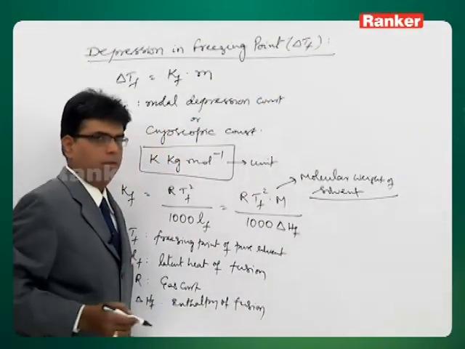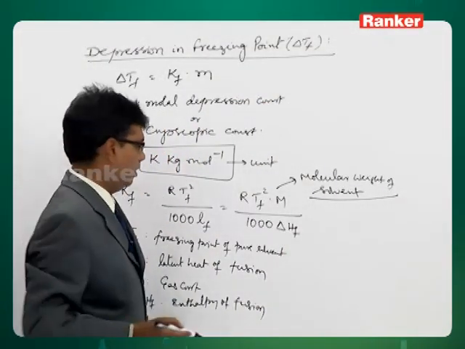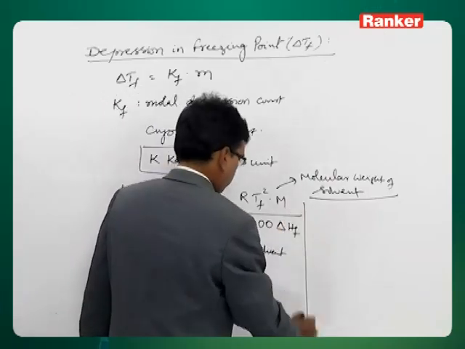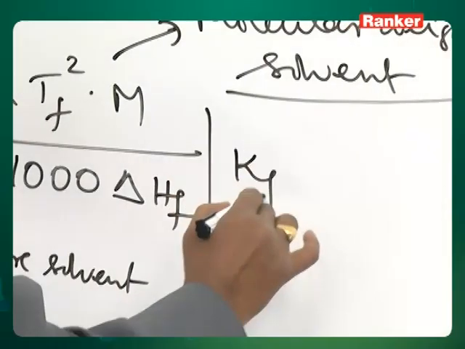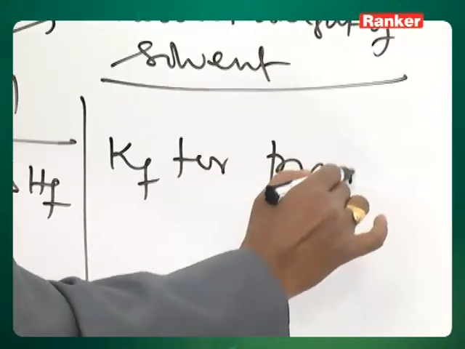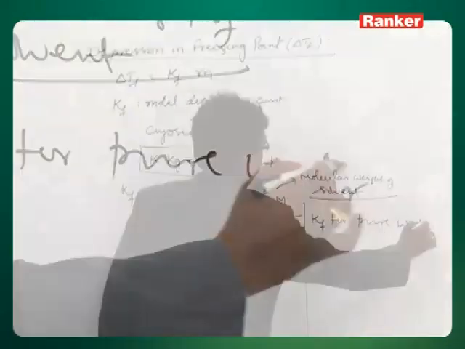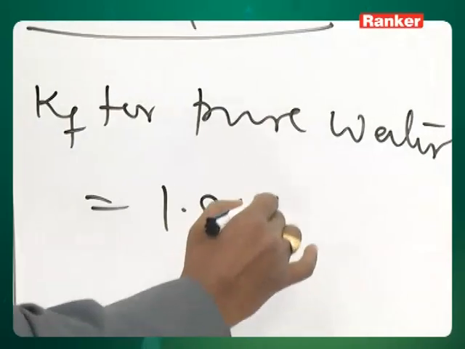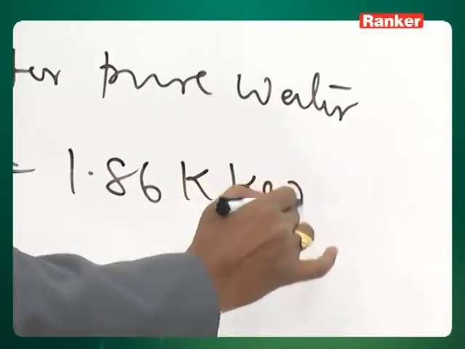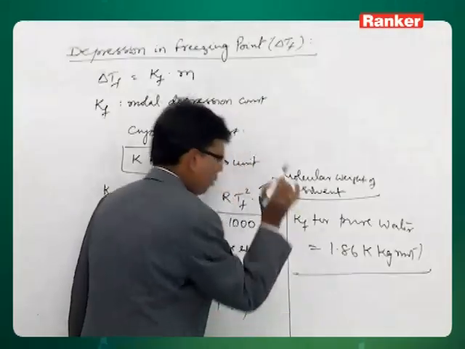If it is water, the molecular weight is 18, and if you substitute all that you will get Kf for pure water as 1.86 Kelvin kg per mole.